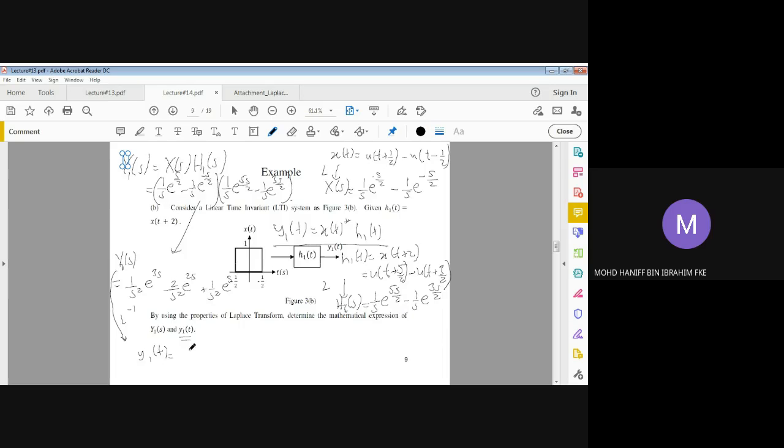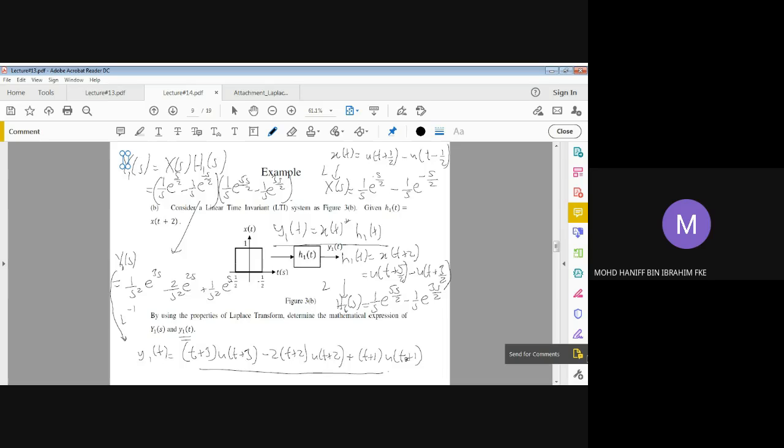So the first term is (t + 3) u(t + 3). The second term is 2 times (t + 2) u(t + 2). For the third term, since we have exponential of s, it should be plus (t + 1) u(t + 1). So that should be your y1(t) in the time domain.